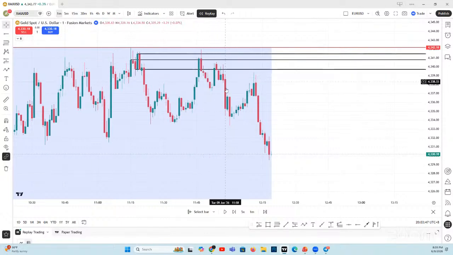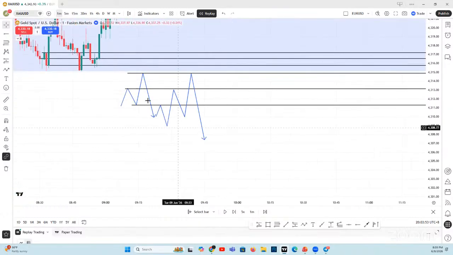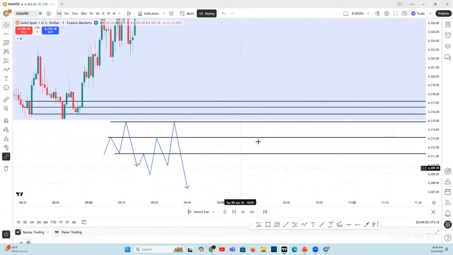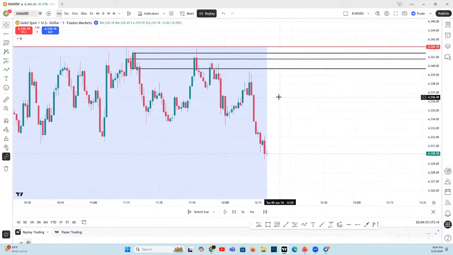Again, sell, sell, sell. Okay, thank you very much. Shoulder, sell. Neckline, sell. Left shoulder, sell. Head, sell, sell, sell. That is the QM, guys.